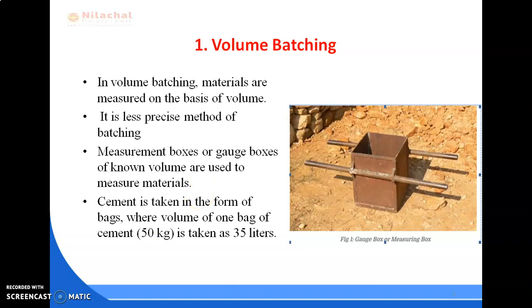The volume of different sized fine aggregate and coarse aggregates are measured individually by these gauge boxes. Basically for unimportant or temporary work or very small jobs, volume batching is adopted. So it is not a good method for proportioning the material.